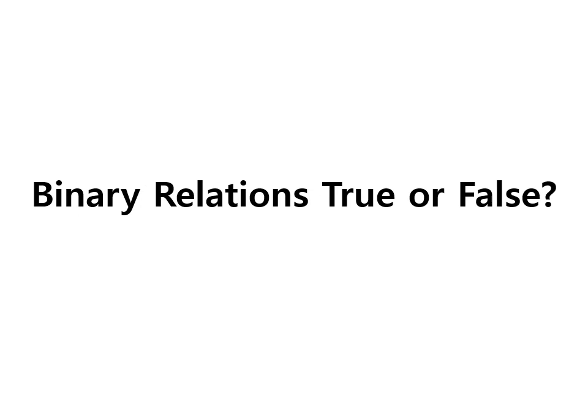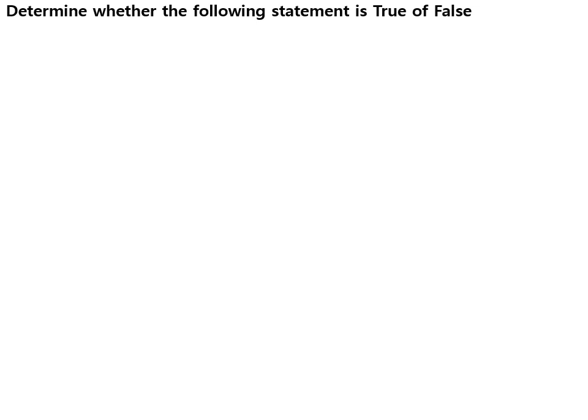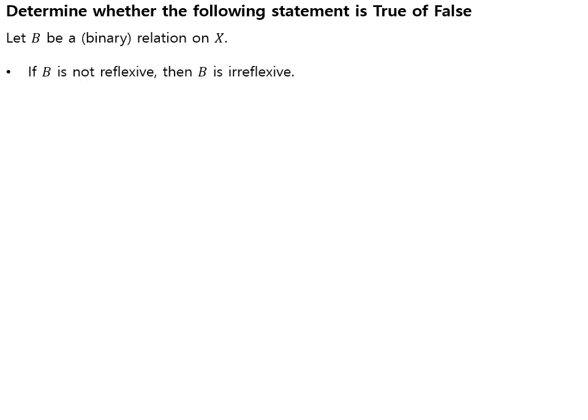Okay, so to understand the logical implications of various binary relations, let's look at some basic true or false questions. So let us try to determine whether the following statement is either true or false. Let B be a binary relation on X, and consider the statement: if B is not reflexive, then B is irreflexive.